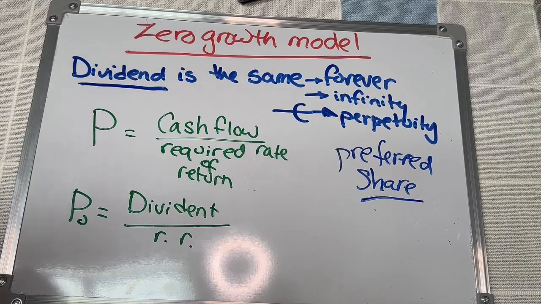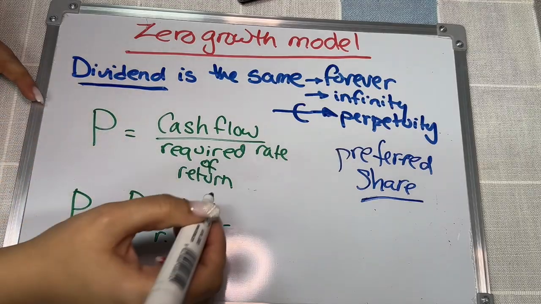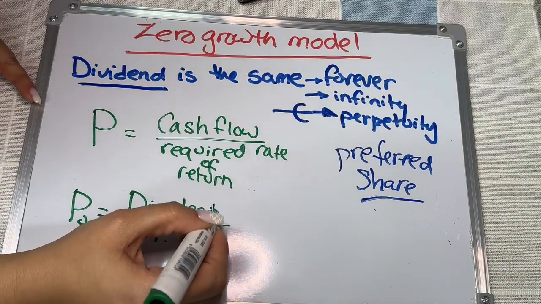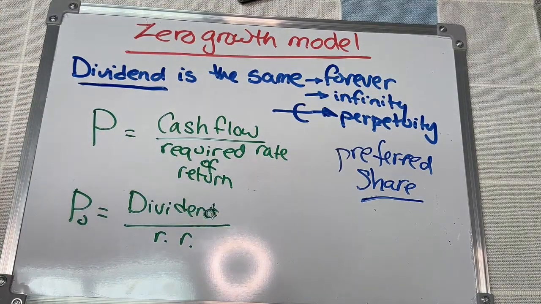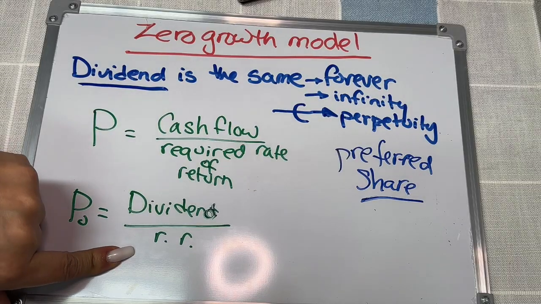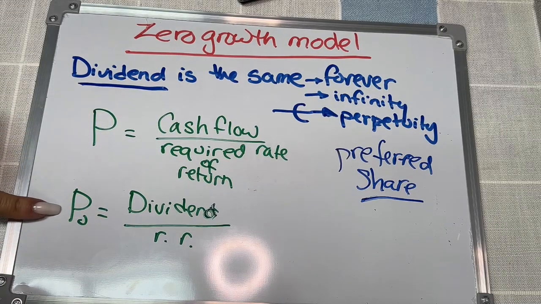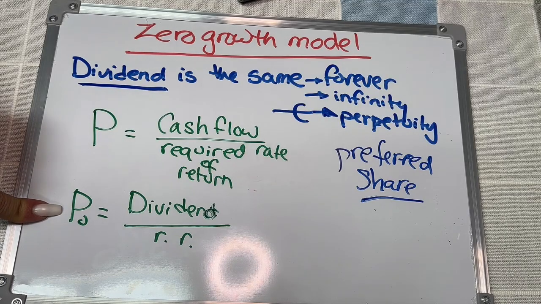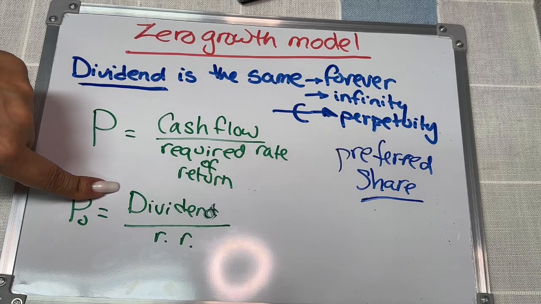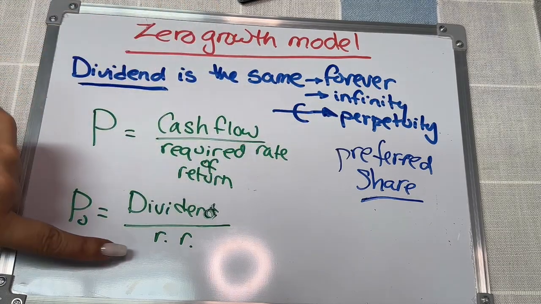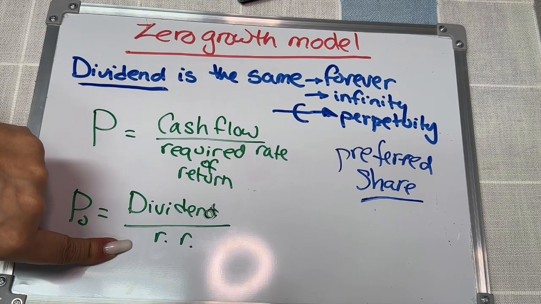It's the dividend divided by the required rate of return. Okay, again, the present value or the value of the share or the price you're willing to pay for a share is going to be the dividend it pays in perpetuity divided by the required rate of return.